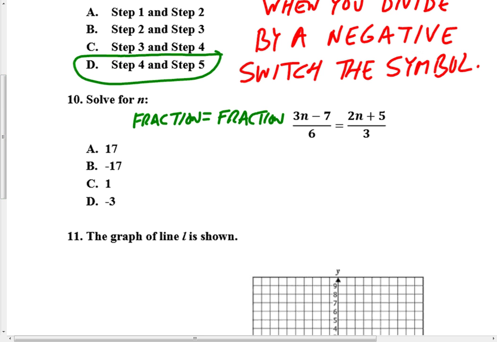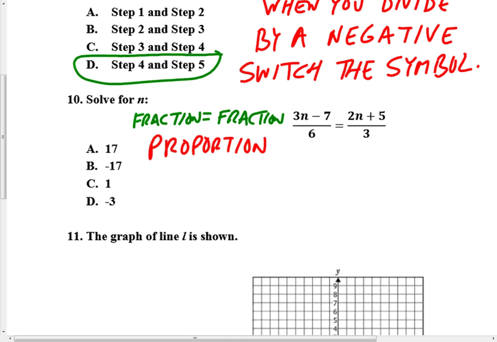What was the name that they gave it last year for a fraction equal to a fraction? Proportion.